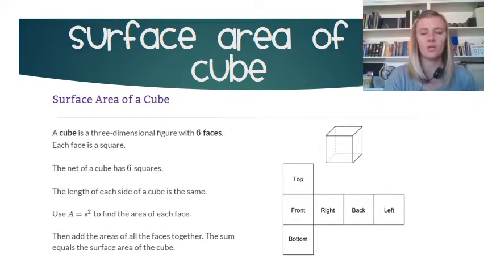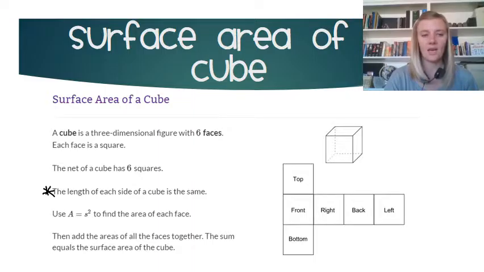So let's look a little bit closer at the surface area of a cube. That's what we were just looking at. But something neat that we know about a cube is that the length, the height, and the width of a cube are all the same size. The length of every single side of your cube is going to be the same.